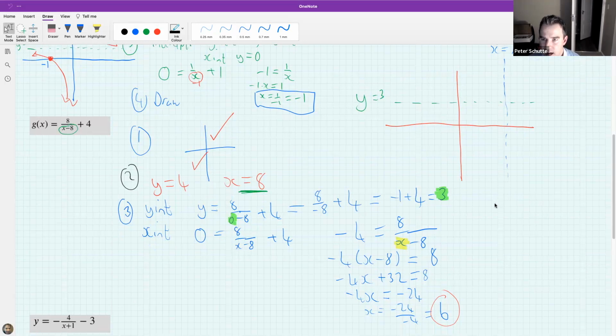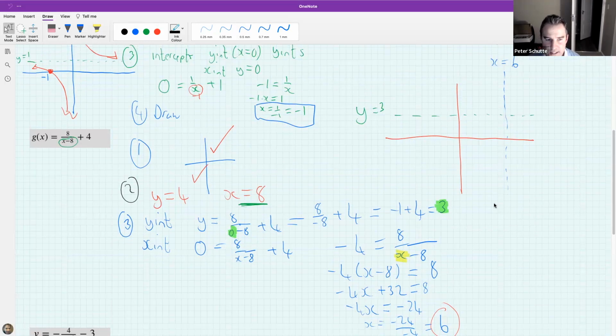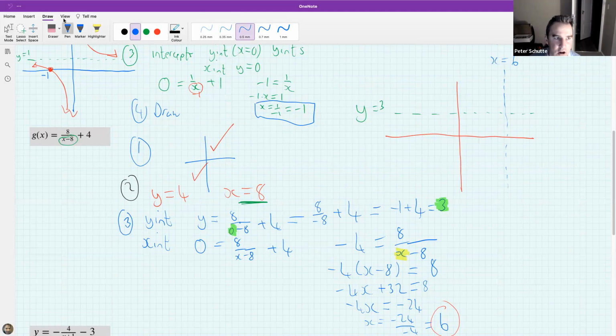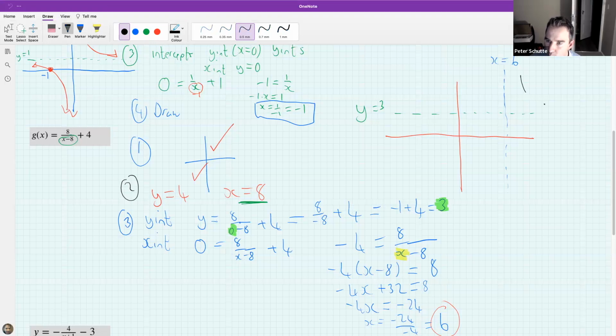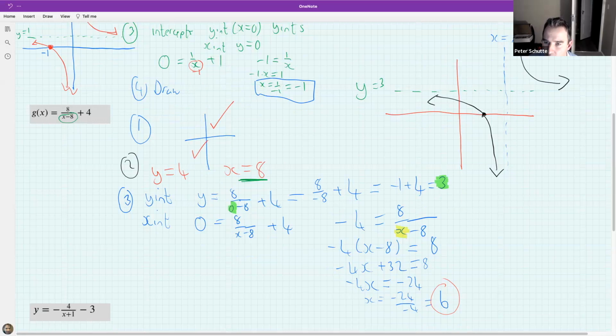Okay, now, I've drawn my asymptotes, but now I need to decide what quadrants I am in. Oh, but I decided that at the very beginning, which is good news for everyone. So I know I'm in quadrant number 1, but quadrant number 1 just looks like it's in a different place this time. And I'm also in quadrant number 3. Okay, so what is this dot over here going to be labeled with?